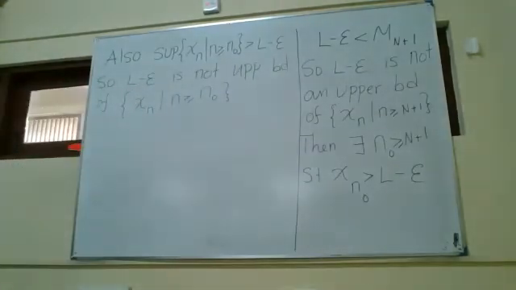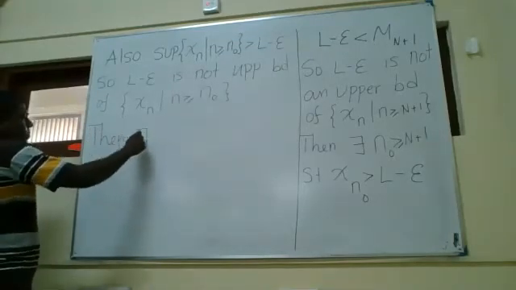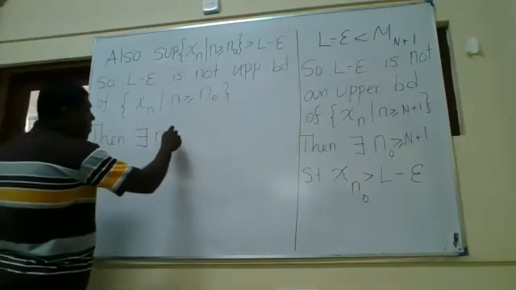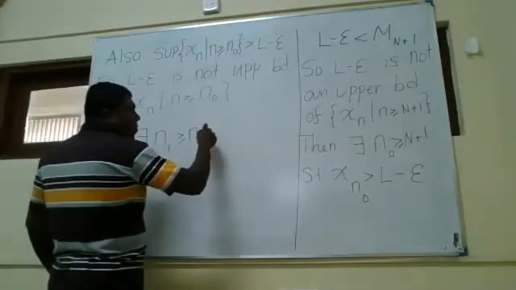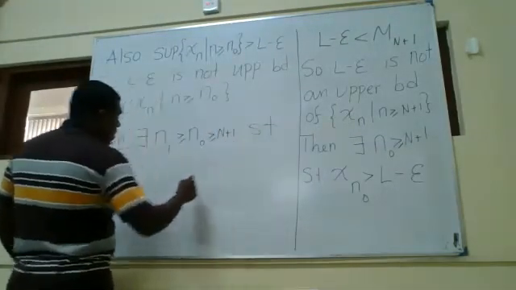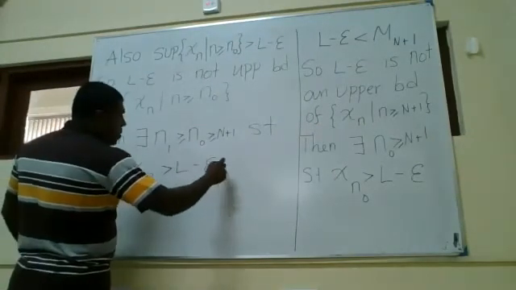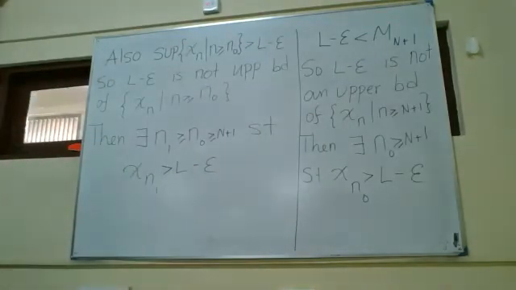So this time you pick a different index. Right? So then you can pick some new index n1 such that xn1 is greater than L minus epsilon.